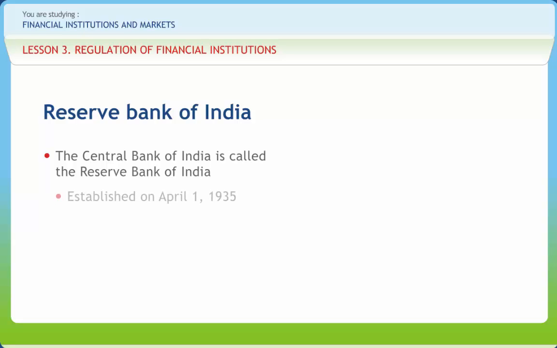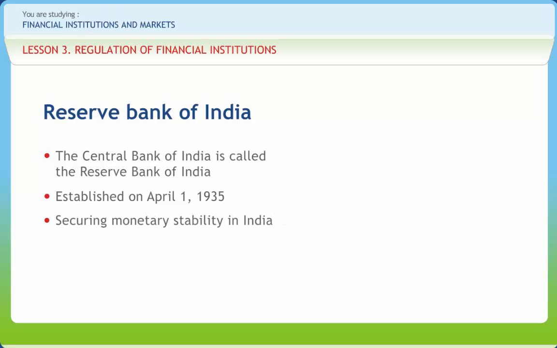It was established on April 1, 1935 in accordance with the provisions of the Reserve Bank of India Act 1934 with a view to organize the financial framework and facilitate fiscal stability in India. RBI plays the most important role in securing monetary stability in India and operates the currency and credit system of the country.